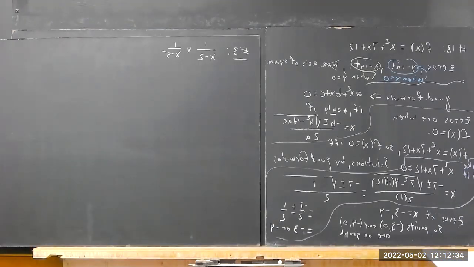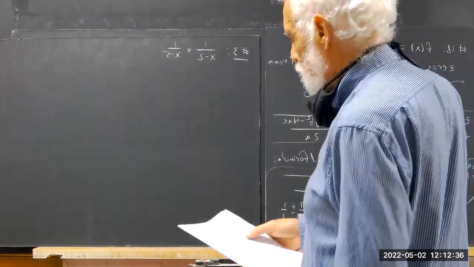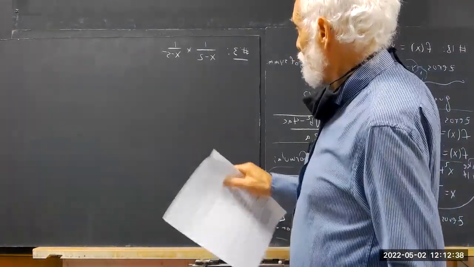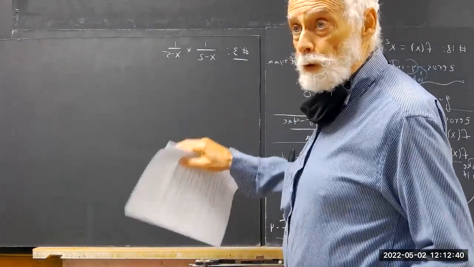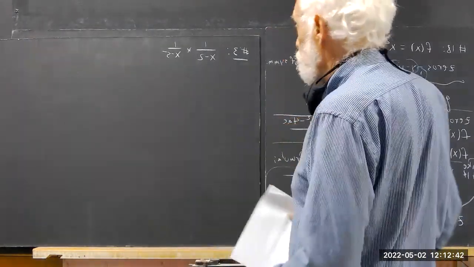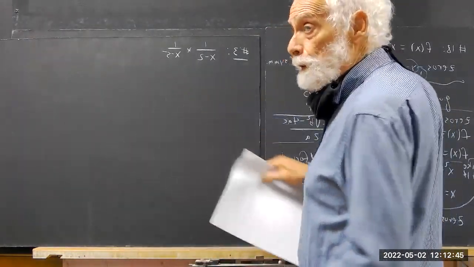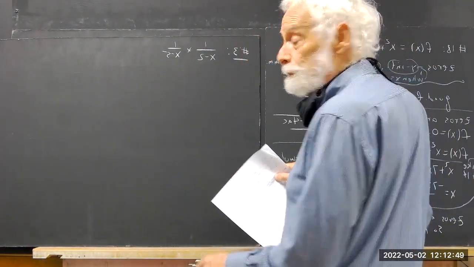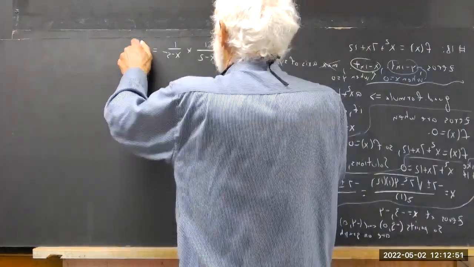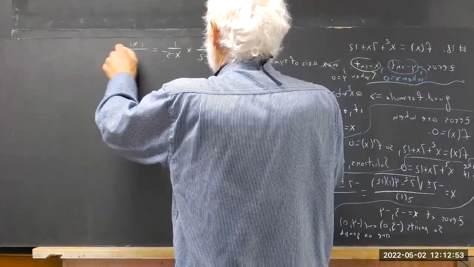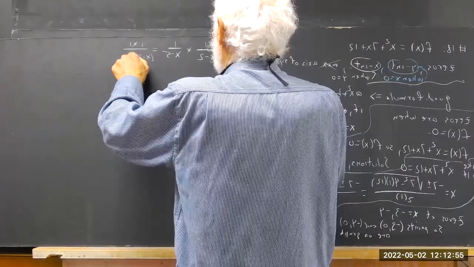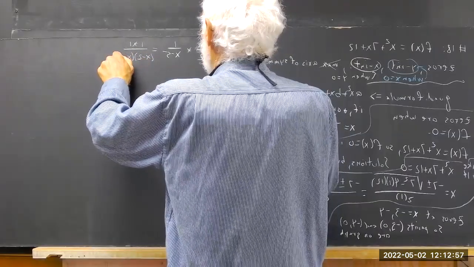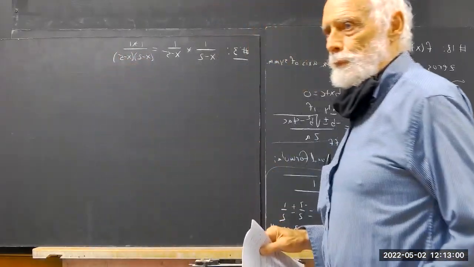Okay, there are some questions on number 3. At least one person gave that one a 3, but it's very straightforward. It reviews the rules for multiplication of fractions. If you multiply fractions, you multiply the numerators and you multiply the denominators. So this is 1 times 1 over x minus 2 times x minus 5. Okay.